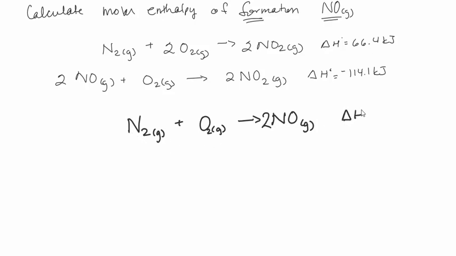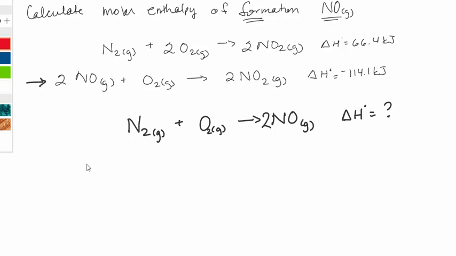So we have to derive that target equation, and now it looks like the other problems we were doing. So I know I need this nitrogen monoxide in the product side, and I know I need 2 of them. I have 2 of them here in the reactant side.